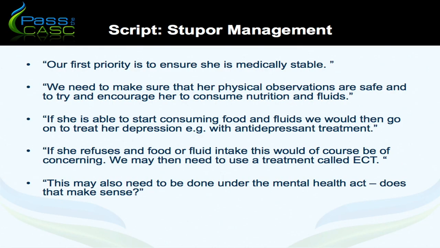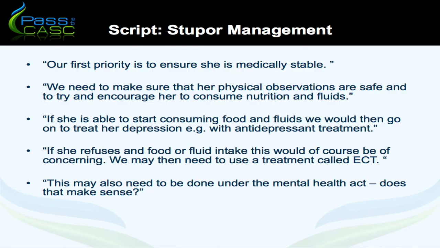So then moving on to if they ask you what the next stages in management are. We need to make sure that her physical observations are safe, and then to try and encourage her to consume nutrition and fluids. If she's able to start consuming food and fluids, we would then go on to treat her depression with antidepressant treatment, for example.